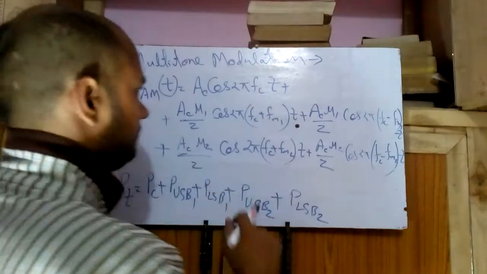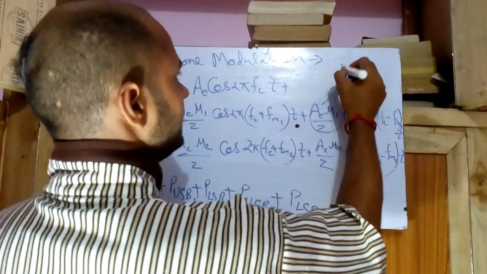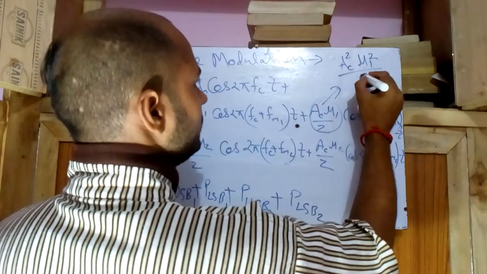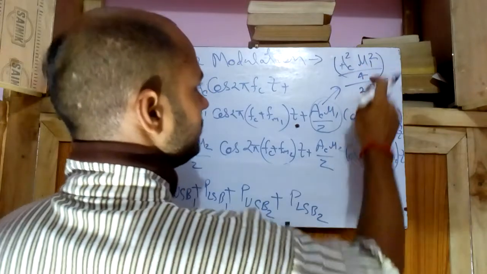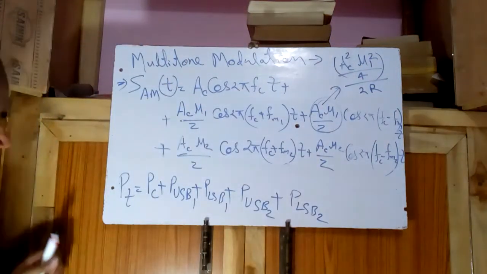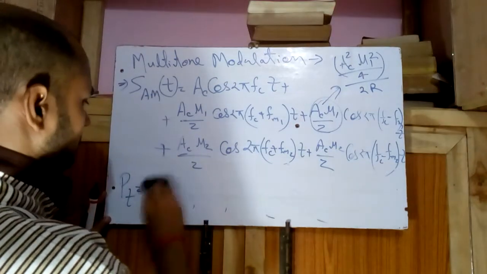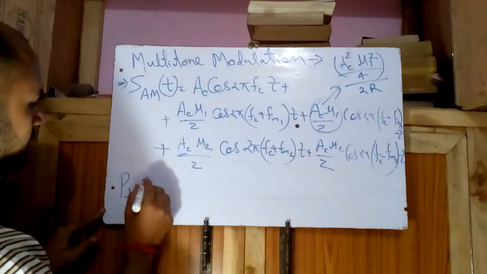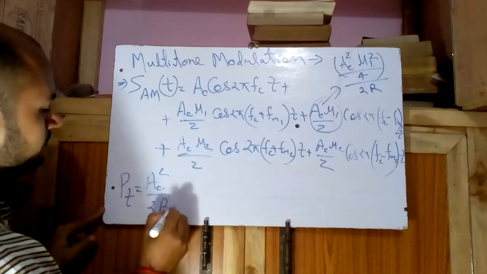Like you can see, if I am taking this, then Ac square mu1 square by 4 divided by 2R, so 4 into 2 is 8R. So right here, Ac square by 2R.